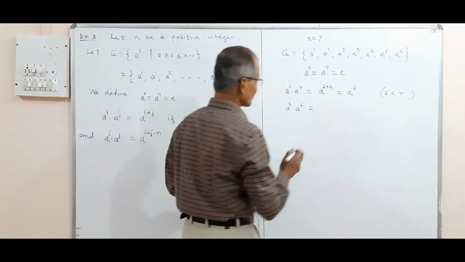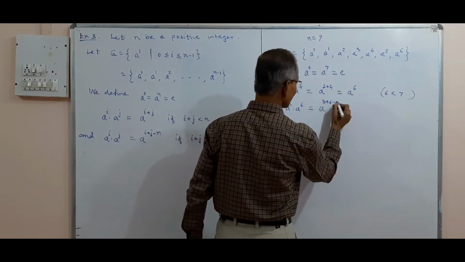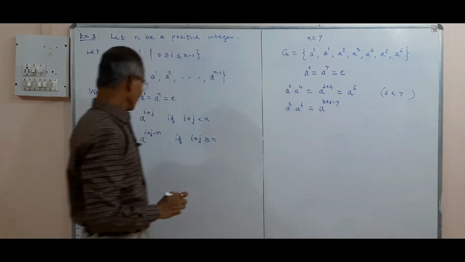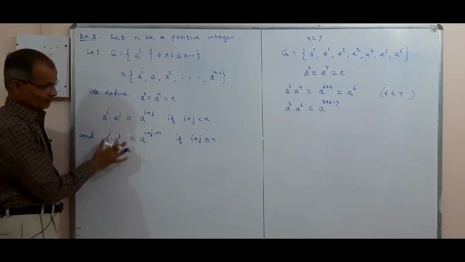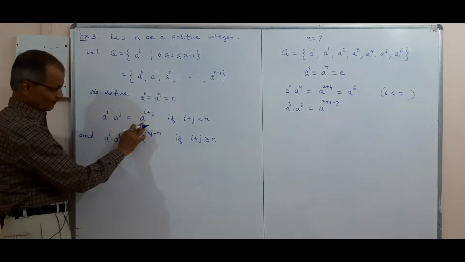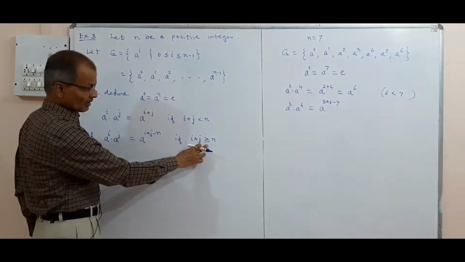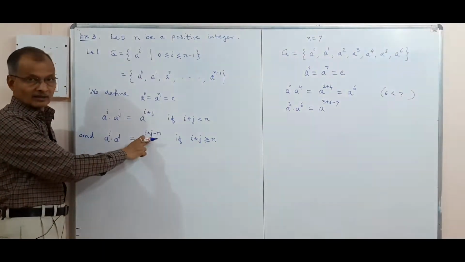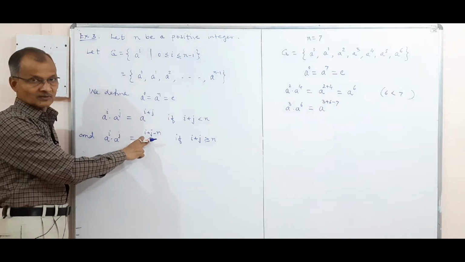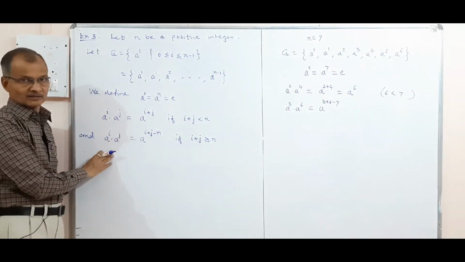And here we have to write it is a to the power 3 plus 6 minus n, means 7. You see the meaning of this composition. If i plus j is less than n, keep it as it is. And if i plus j becomes greater or equal to n, then we have to subtract n from the index. This is the definition. The composition is defined like this.